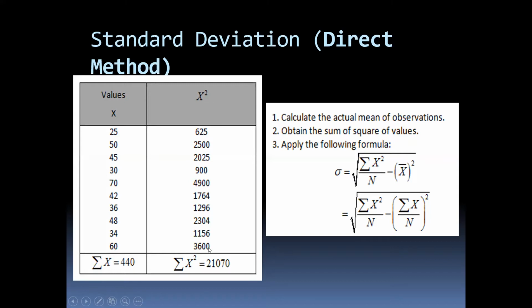The next step is to calculate the summation of x square, which is 21,070. Fine. I think up till this step, this is clear to everyone.